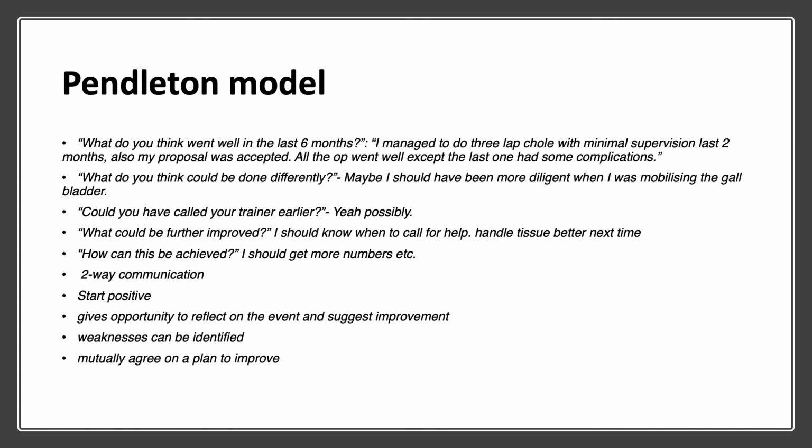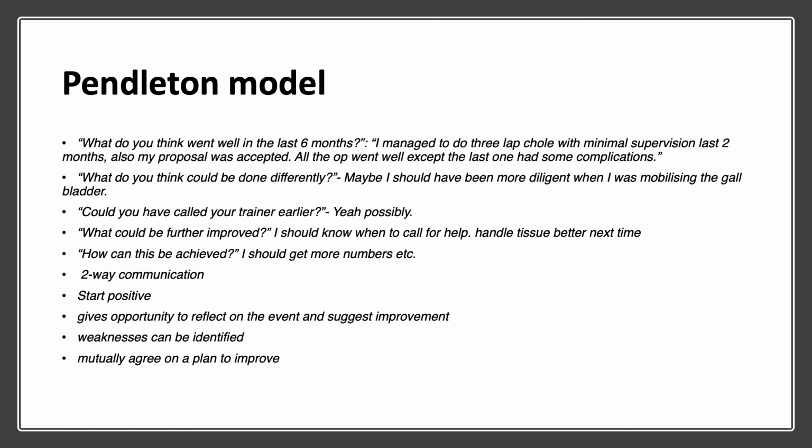So then you say, what do you think could be done differently? The candidate says, maybe I should have been more diligent when I was mobilizing the gallbladder. Could you have called your trainer earlier? Yeah, possibly. Then you say, what do you think could be further improved? Then the candidate might answer, I should know when to call for help, and also maybe I should handle the tissue better when I'm doing a dissection.